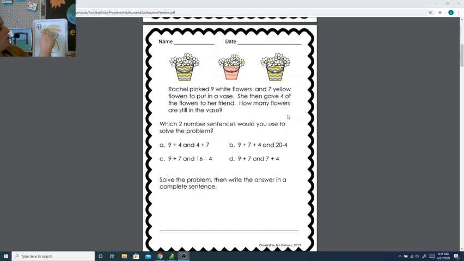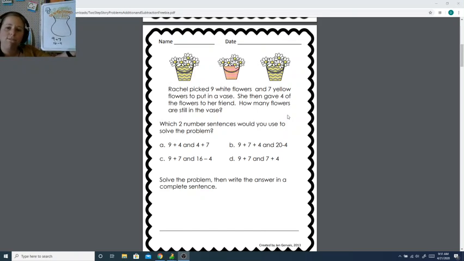I've got 1, 2, 3, 4, 5, 6, 7, 8, 9, 10, 11, 12, 13, 14, 15, 16. 16, right? 9 plus 7 equals 16. So my next problem I'm doing would be 16 minus 4. And it's minus 4, once again, because it says that Rachel gave 4 of the flowers to her friend. So I've got 16 minus 4.